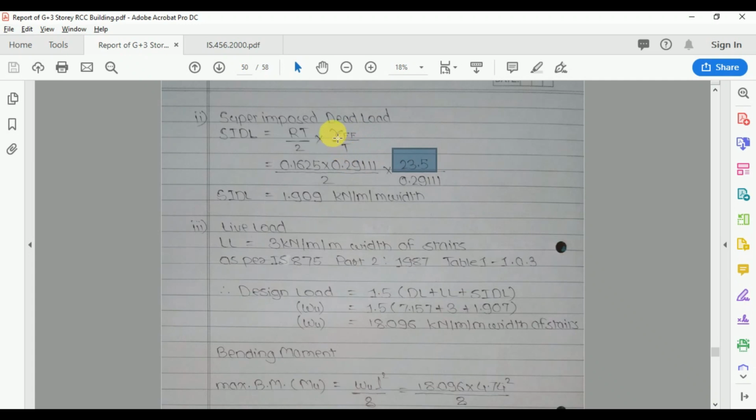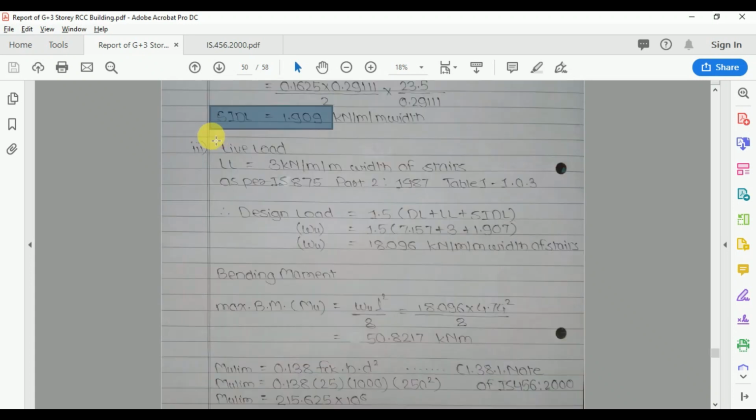Here I have considered the unit weight of floor finish as 23.5 kilonewton per meter cube. So by inputting the respective value of riser and tread, we got the superimposed dead load in kilonewton per meter width of the staircase. So here it is the superimposed dead load for our staircase as 1.909 kilonewton per meter width of staircase.